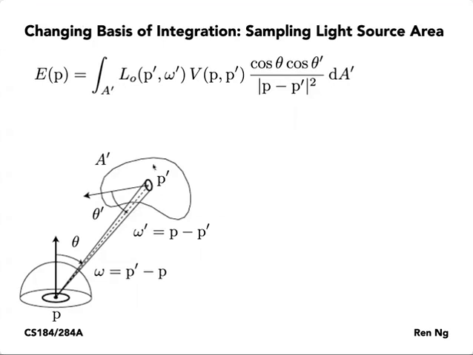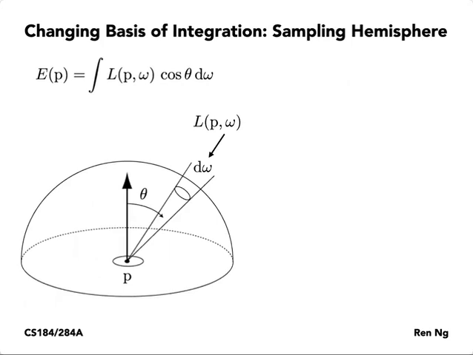In this case, this is a picture for a general light source, some kidney-shaped object out in space that's emitting light. And A prime is some differential area on the surface of that light source. This is a classic change of basis of integration, and I just want to walk you through it. There are some important details.